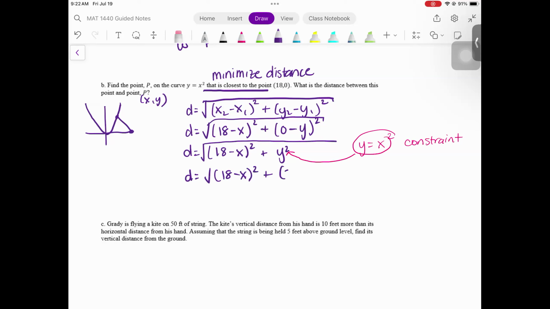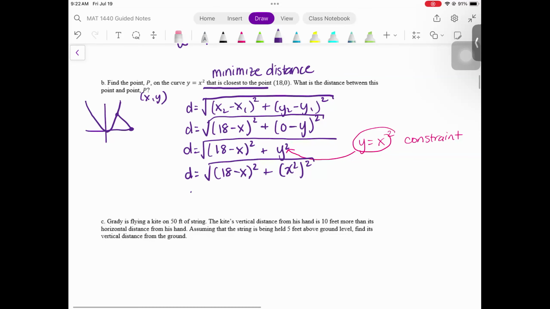Instead of y, we have x squared being squared, and all of this is under the square root. So simplifying this just a little bit further to make it easier to type into Desmos, distance is equal to the square root of 18 minus x quantity squared plus x to the 4th.